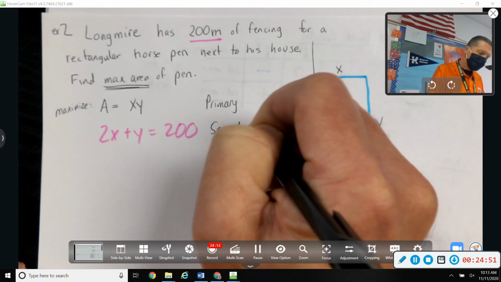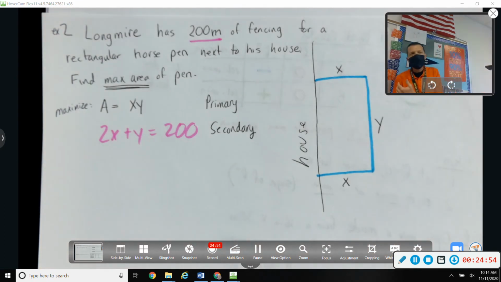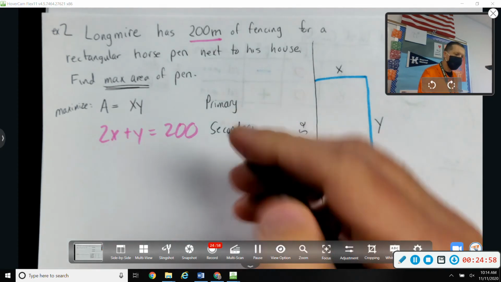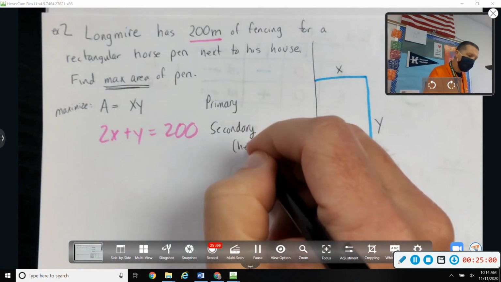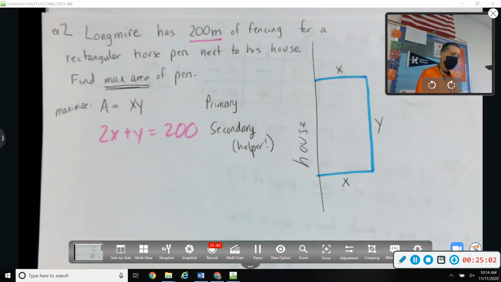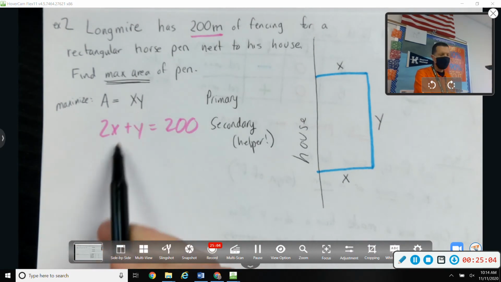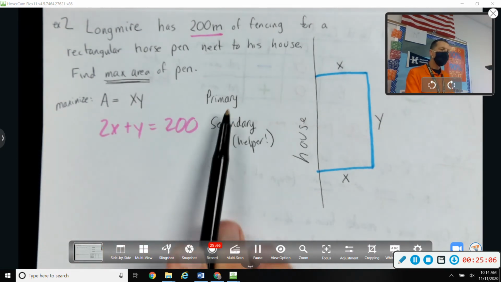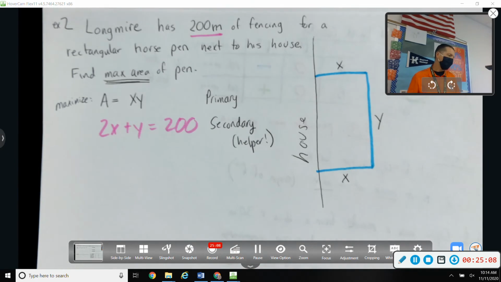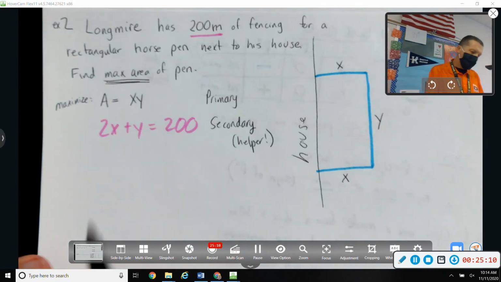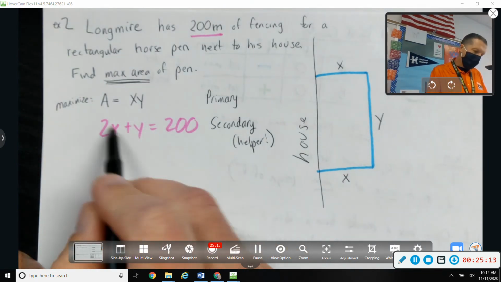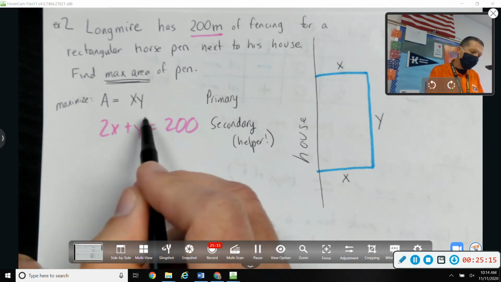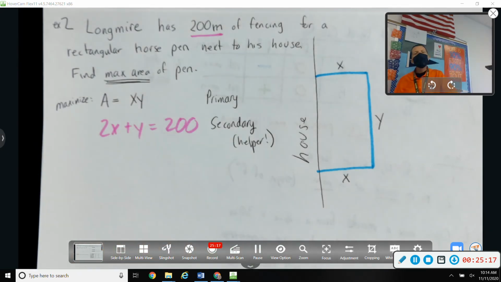You don't really have to know those names, but the primary is the one you want to take the derivative of. The secondary is like the helper equation. Because I don't want to take a derivative of xy, I would like to clean that up. And I can do it as long as I have a secondary equation. So I can solve for x or y, doesn't matter, and plug into the other one.